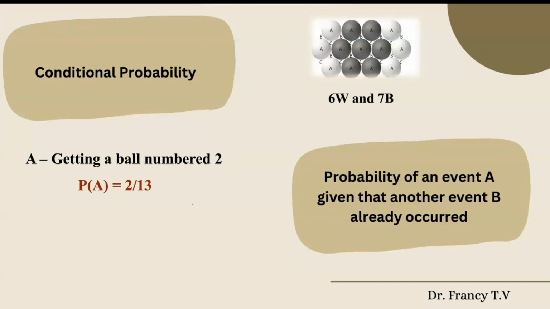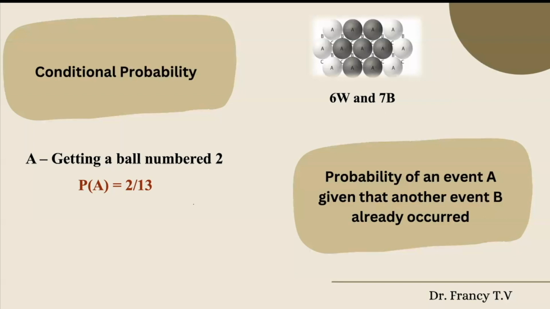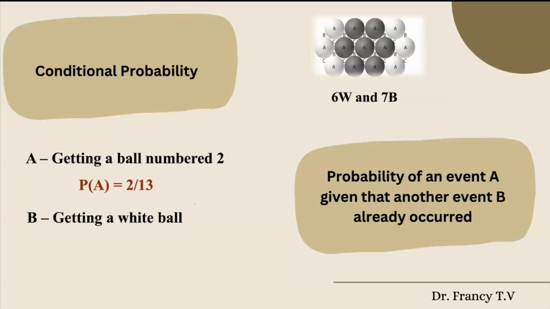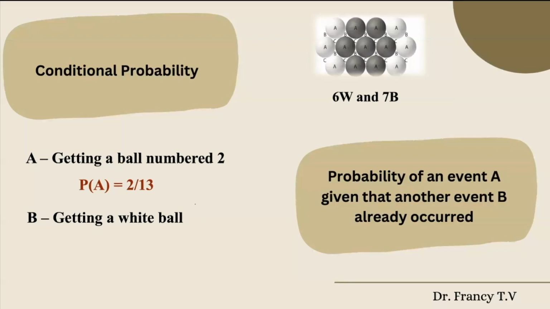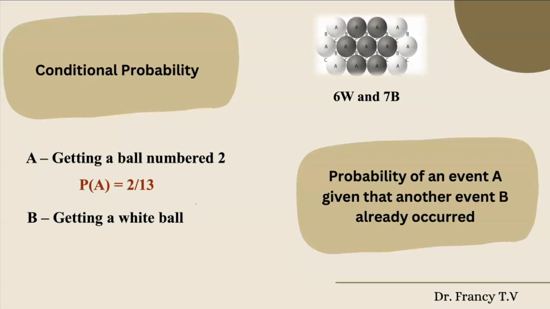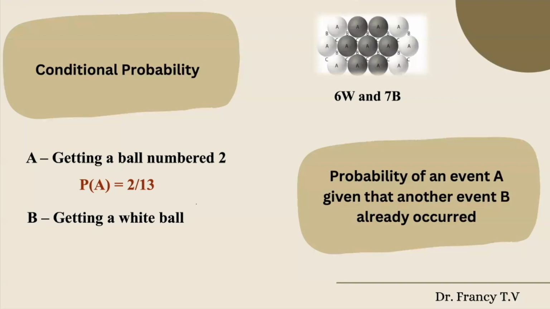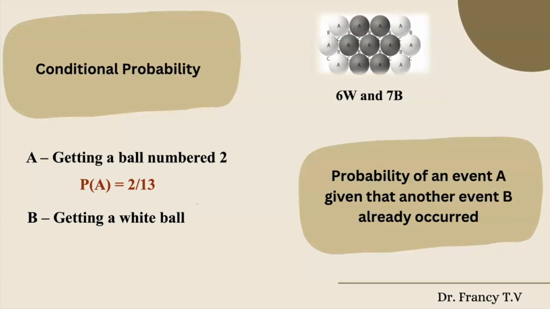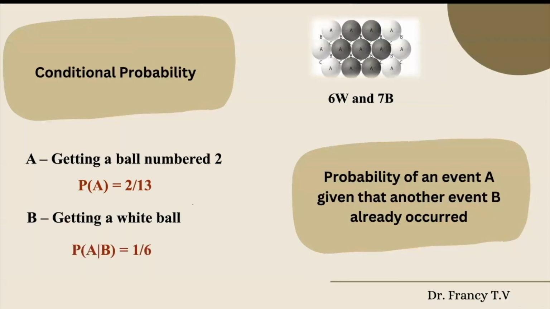Now suppose I am giving you additional information. This ball is a white ball. Under this additional information, what will be the probability that the ball is numbered 2? This probability is known as conditional probability. Now the probability will be changed. It will be only 1 by 6. What is the reason?